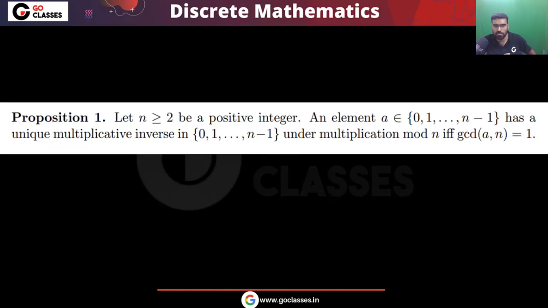Now, we have already seen which element will have an inverse. An element will have an inverse if it is relatively prime to n.